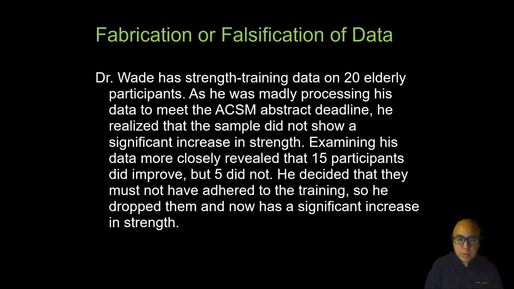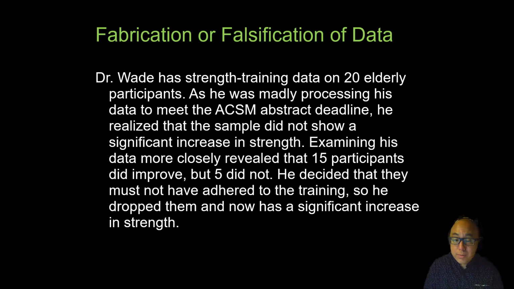So, for example, I'm going to help you out here. I've got here Dr. Wade. He's under a lot of pressure to submit an ACSM abstract by the due date. Let's say it's tomorrow, and then he realizes that the sample didn't show a significant increase in strength. And so he went back to the data, he looked into his data sheet, his SPSS file, and found that 15 participants did improve in terms of strength, but 5 did not.